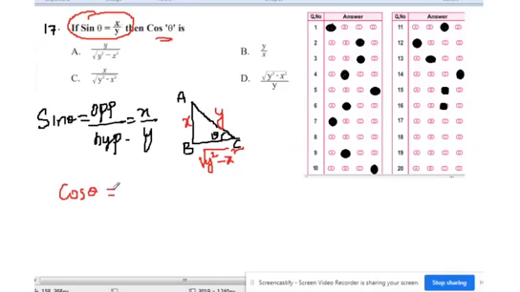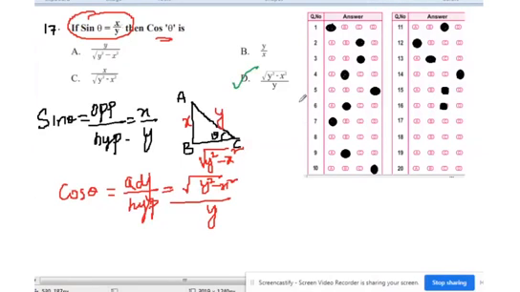So what is the formula for cos theta, students? Yes, it is adjacent side by hypotenuse. Adjacent to theta is root over y square minus x square and hypotenuse is y. So the correct option for this question is D, root over y square minus x square by y. So I'm going to shade option D for 17th question.